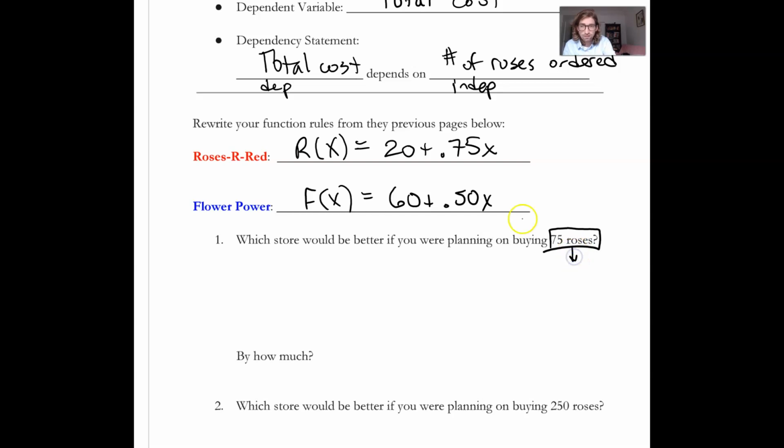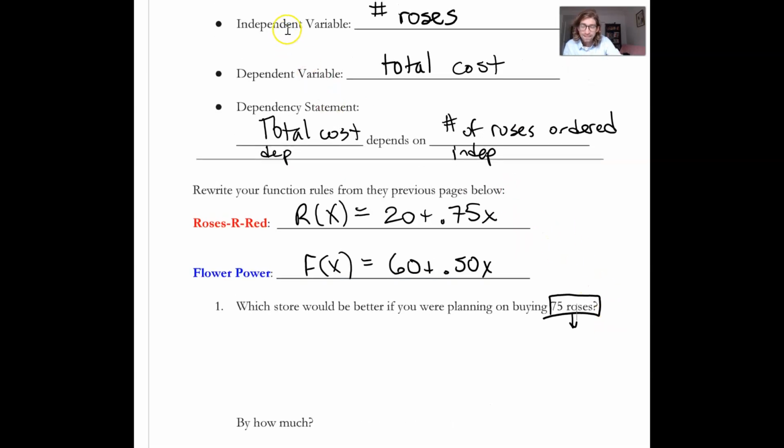Roses, if you can recall from above, is our independent variable. And do we remember what our independent variable relates to? That's our input. So which store would be better? Better in this case, I hope you think, means cheaper. I'd rather shop at the cheaper store, assuming that they have a similar product.